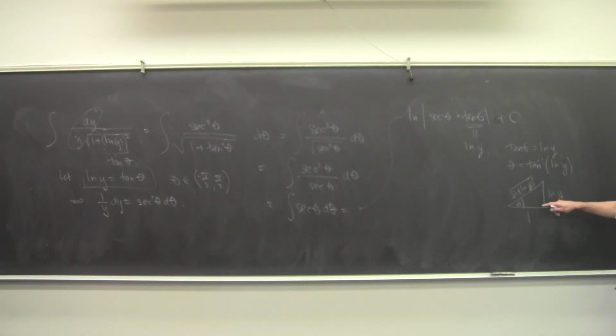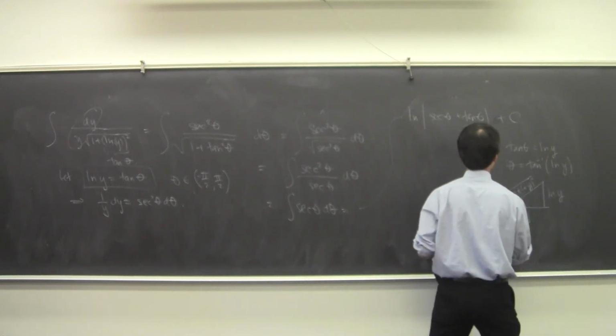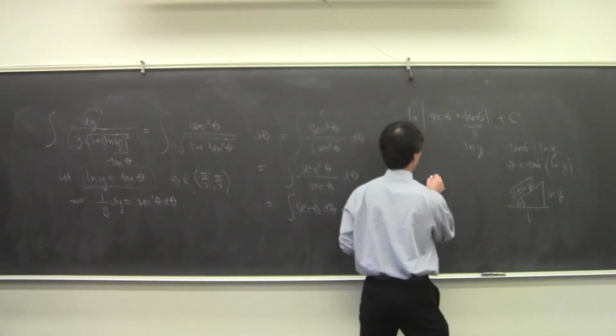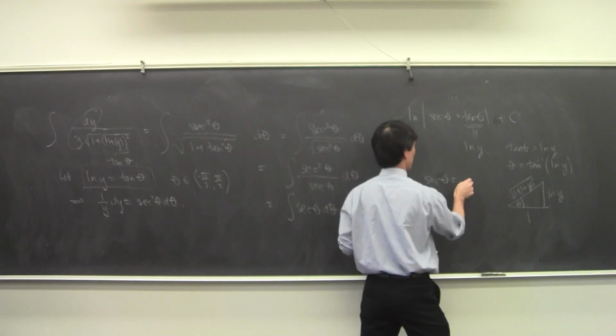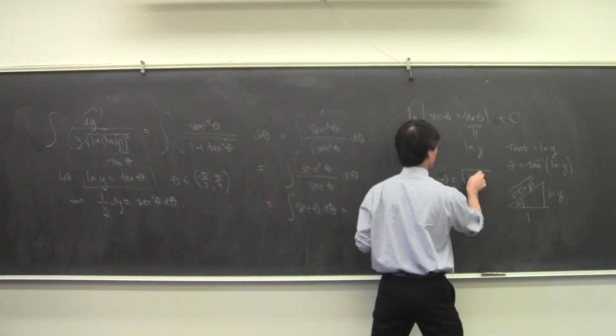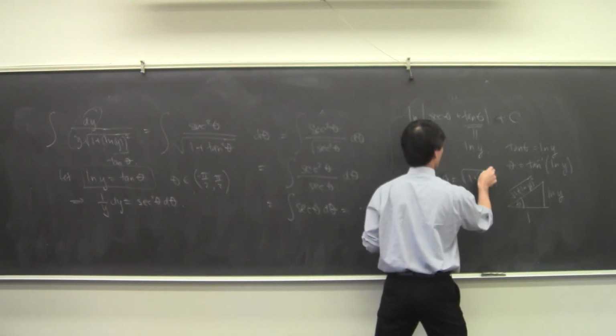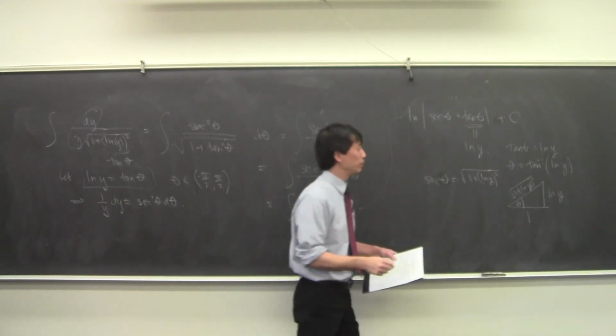Then the secant is 1 over the cosine, so it'll be the hypotenuse over the adjacent. So you see that the secant of theta is going to be the hypotenuse over the adjacent, which is what?